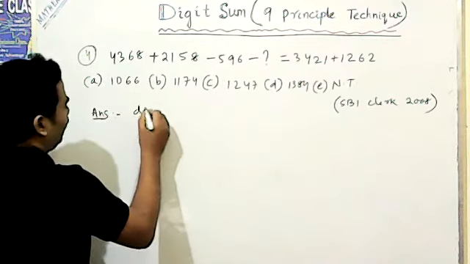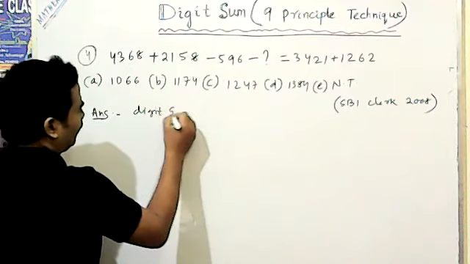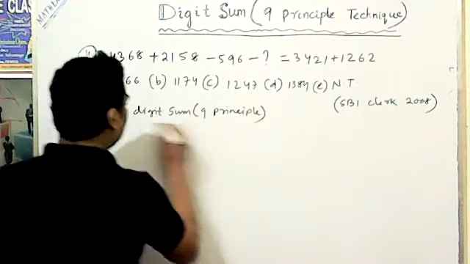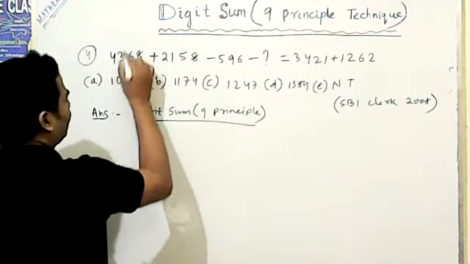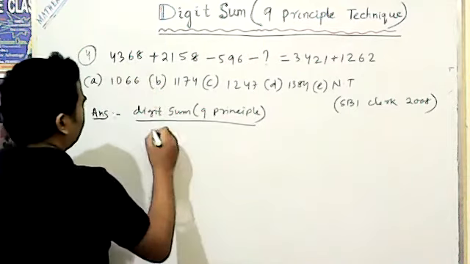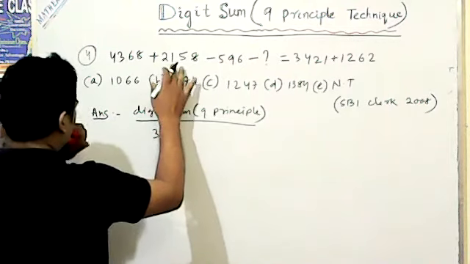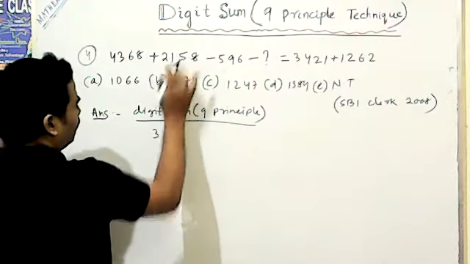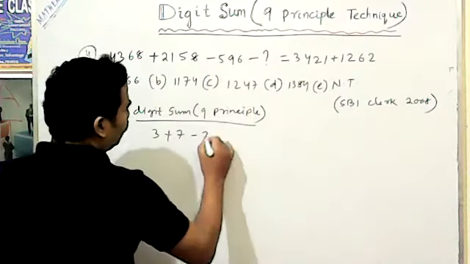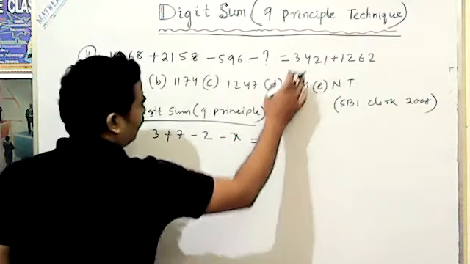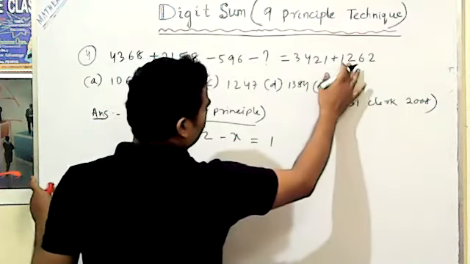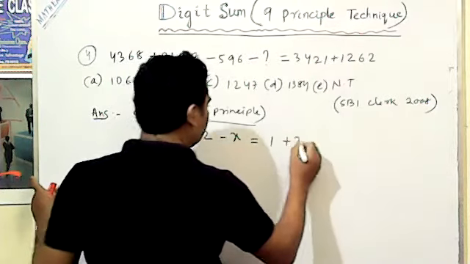Here digit sum technique or 9 principle technique, digit sum by 9 principle, so that here that is equal to 9 cut 9 cut, that is equal to 4 8 foot, that is 1, that the digit is 3, this is 2 1 3, that is 1, that is 9 gun, that is 7, and this is equal to minus 9 cut, that is 11 11 2, that means let it is x, that is 7 2, that is 7 to 9, that is 1, that is 1 2 6 9, then that is equal to 2.